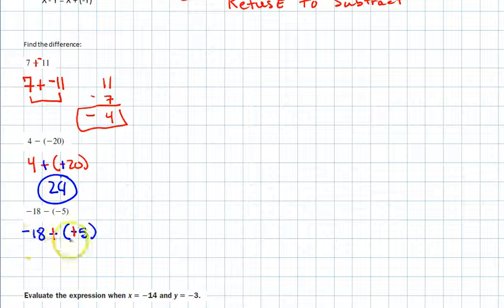Now I have 2 different signs, -18 and +5. Because the absolute value of -18 is larger, my answer is going to be negative. I have 2 different signs, so I'm going to subtract. 18 minus 5 is 13. So my answer is -13.